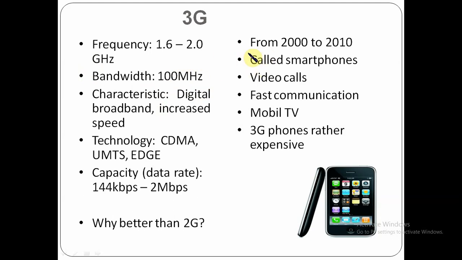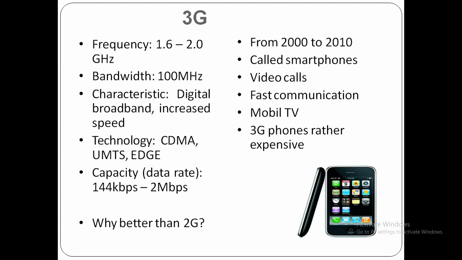Then we move towards 3G. After 2G, 3G technology was developed. In 1998, 3G was pre-commercially launched in Japan by NTT Docomo for testing purposes and branded as FOMA. 3G technology was not released for commercial use due to unreliability.